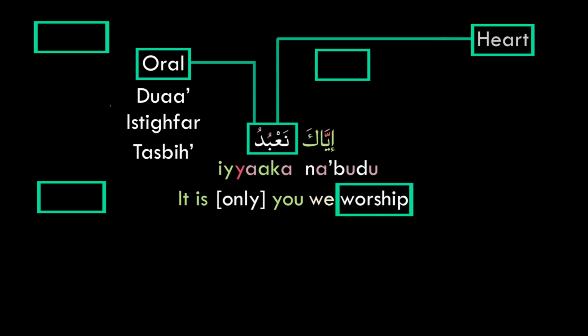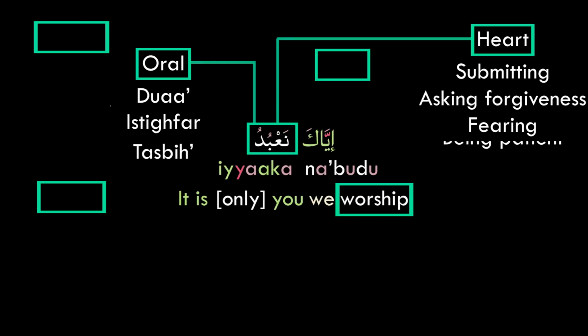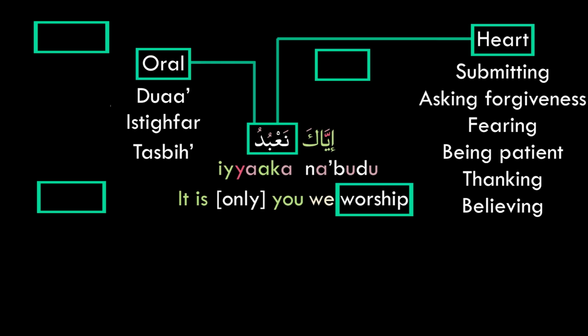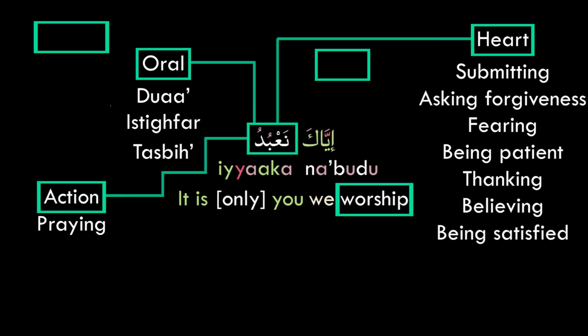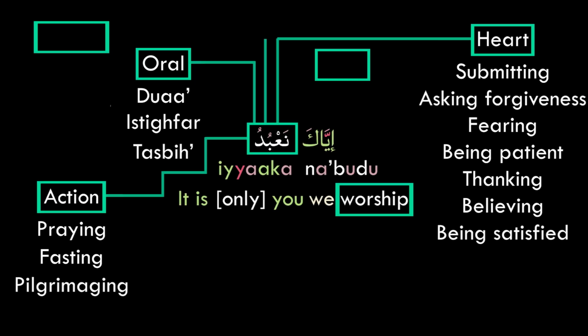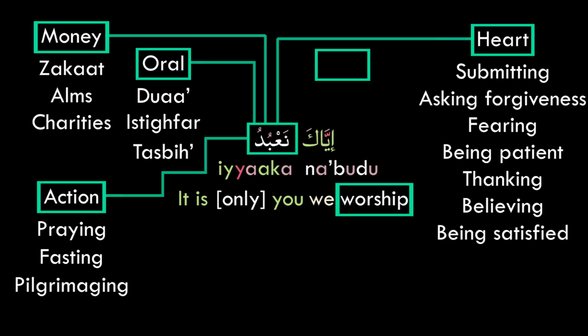Second, by heart, meaning submitting to Him by good intention, asking Him for forgiveness, fearing Him, being patient with what He decides, thanking Him, believing in Him, being satisfied with everything He does, and so on. Third, by action, meaning praying, fasting, and doing pilgrimage, if it is possible. Fourth, by money, meaning giving zakat, alms, charities, and donations. Fifth, by body, meaning jihad.